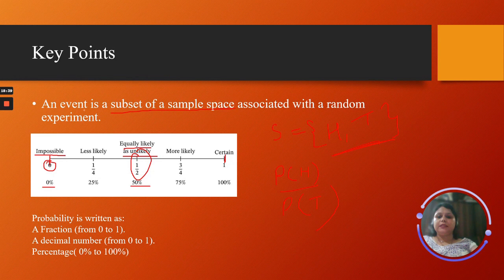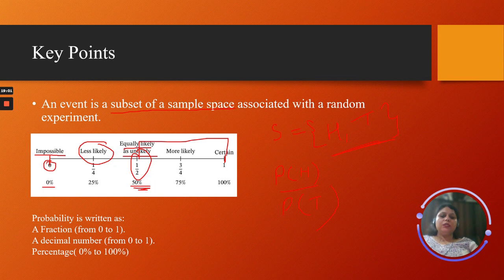Same way, if we have the event whose value is greater than 50%, or it lies between 50% and 100%, so they are more likely to happen, because you see the possibility is greater than 50% and it can be closer to 100%. So these are kind of more likely to occur.